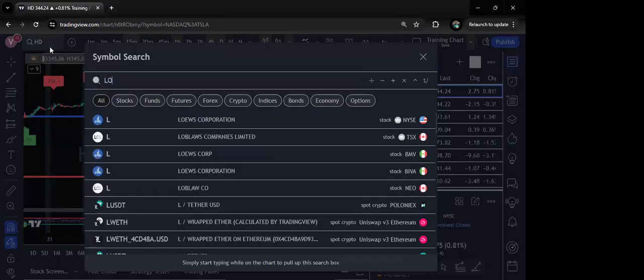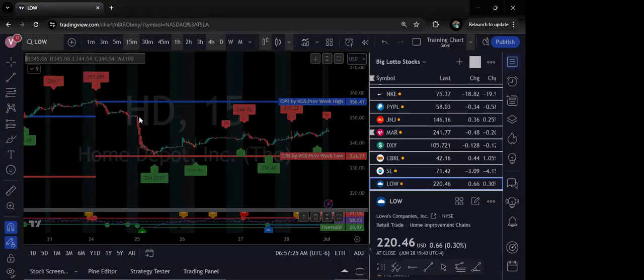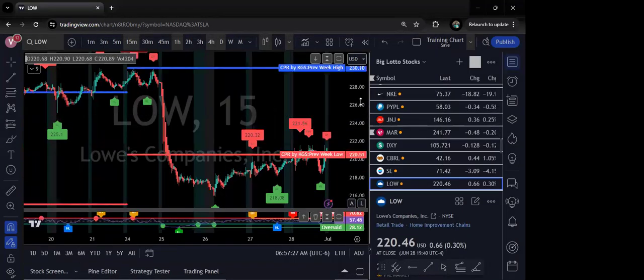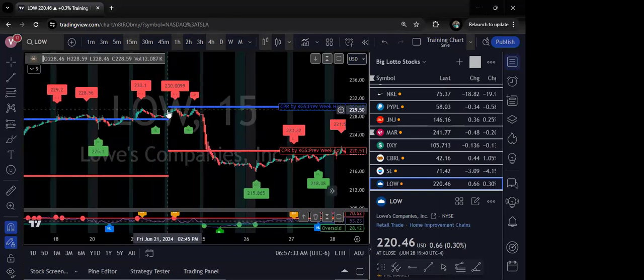The same thing. You have to know if it's giving you a double top, double bottom, or triple top. So we had 229, 228, 230, 230, 233 times.